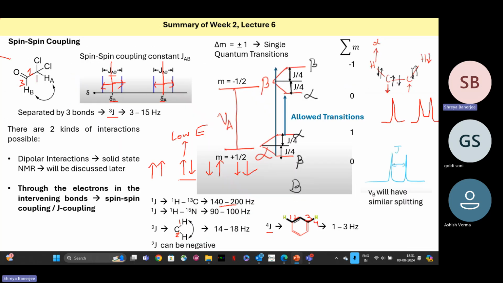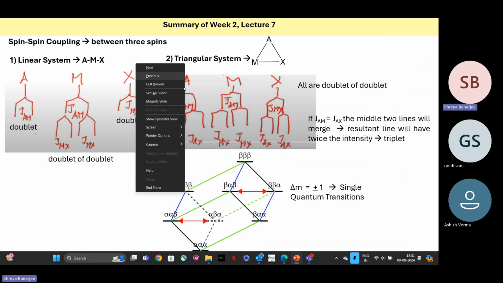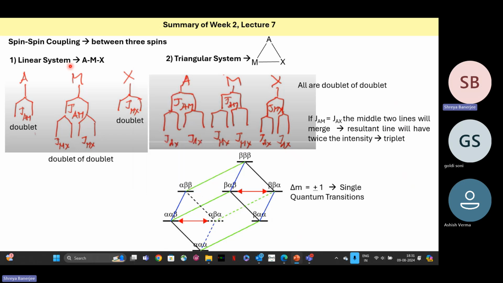So this we saw was coupling only between two spins, HA and HB. What if you have a 3-spin system? You can have 3-spin systems, and they can be arranged in two ways. One can be a linear system like AMX, and another can be a triangular system, A attached to M attached to X, like a cyclopropyl ring or something.